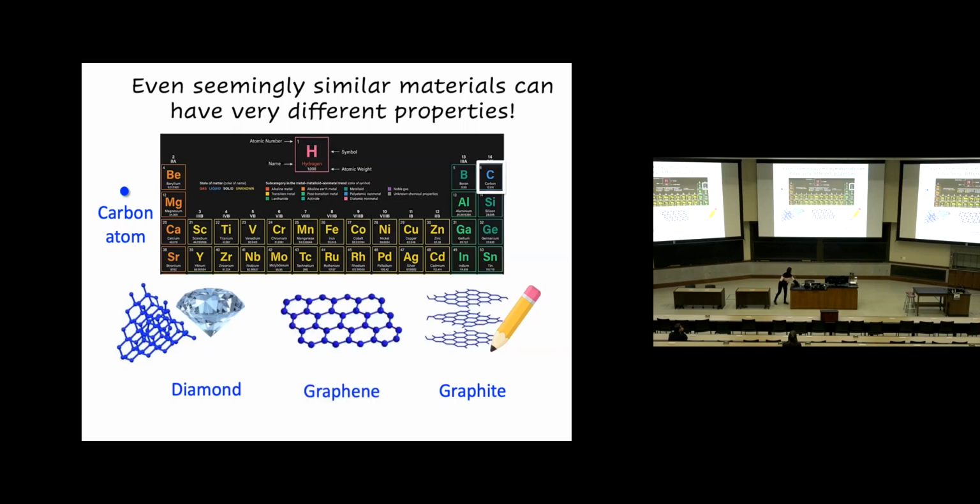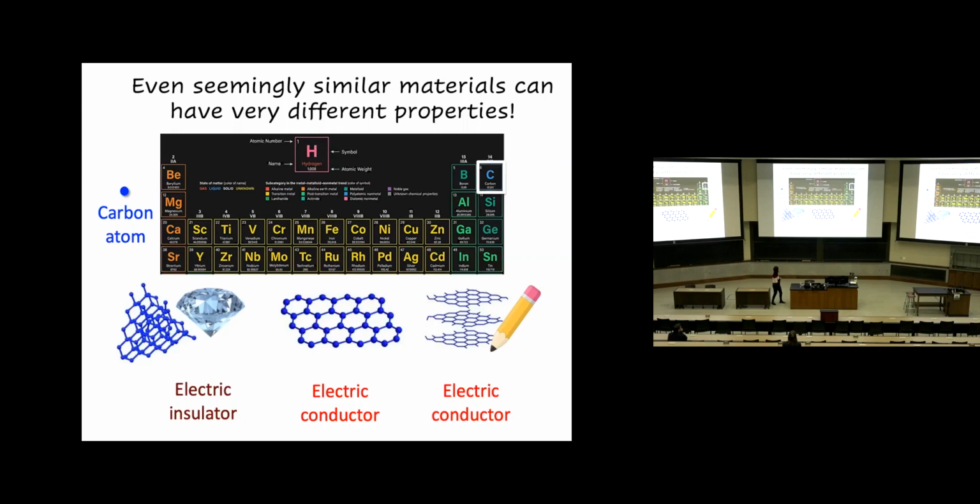And if I only look at one of these planes, if I put these carbon atoms into this hexagonal shape, it becomes the so-called graphene. Although they're all made of carbon atoms, these materials are very different. For instance, although graphene and graphite conduct electricity, diamond does not.